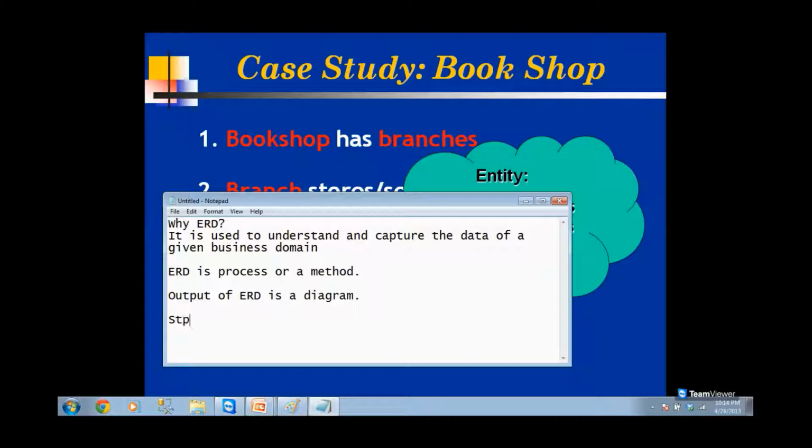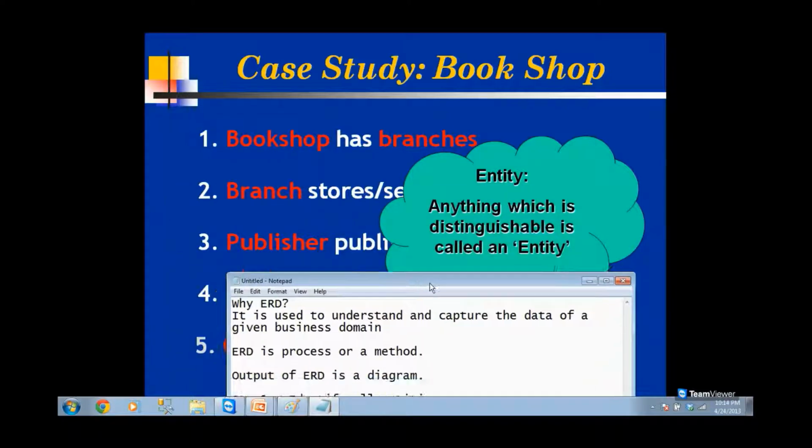Step number 1 is that you have to identify all entities. But the question is, what is an entity? An entity is a distinguishable item, a unique item. That's what you have to understand.